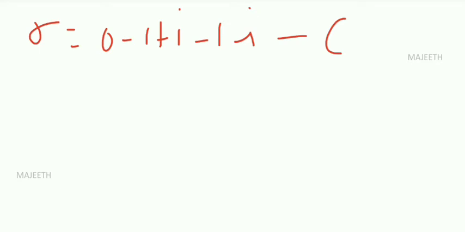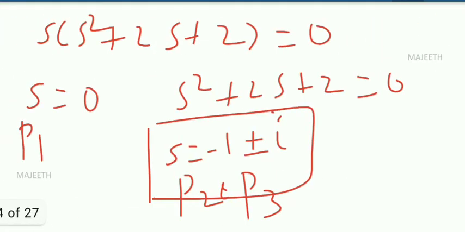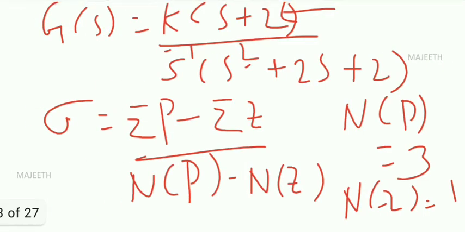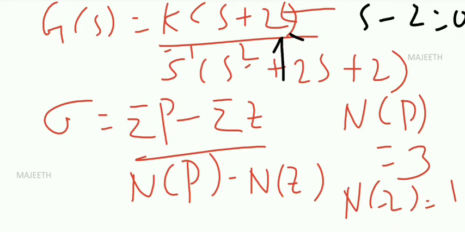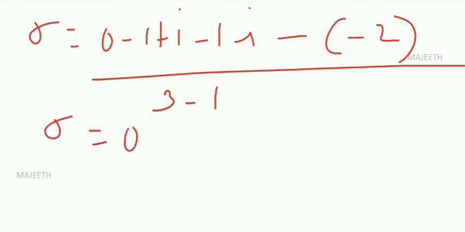Sum of zeros is nothing but -2, because we have only one zero. Why is it -2? s + 2 = 0, which means s = -2 is the zero. Clear? Then divide by number of poles minus zeros, that is 3 minus 1. If you simplify, what you get is 0. So centroid is 0.